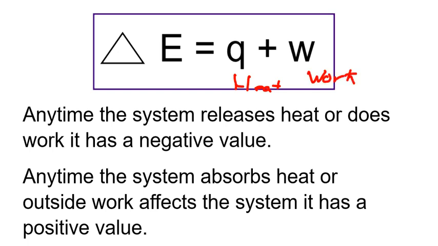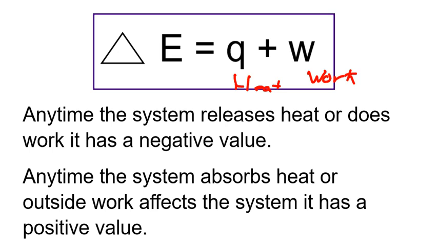So the total energy change in a system is going to be dependent on how much heat is involved and how much work is involved. Releasing heat or performing work of any kind is a negative value. Absorbing heat or having work performed on the system is going to be a positive value. So this problem is mostly just keeping track of whether or not heat is coming or going, or work is being performed or affecting the system in some way.